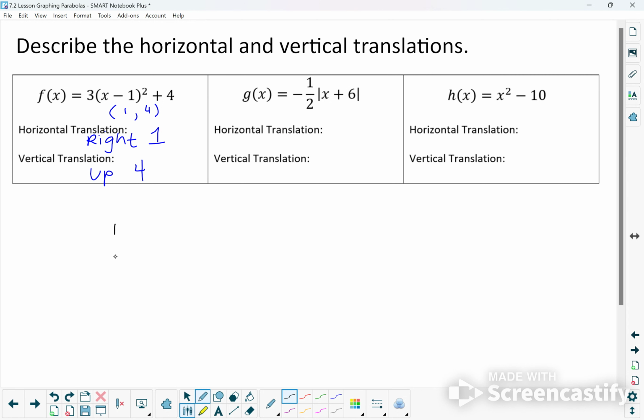On a coordinate plane, this one happens to be a parabola, which usually has the vertex at the origin, but our function f of x right here was shifted to the right 1 unit and up 4 units. It also has a stretch, but this question is not asking us at all about the stretch.